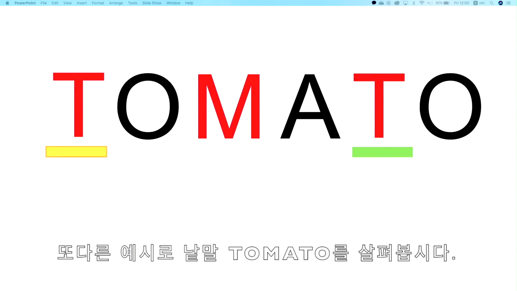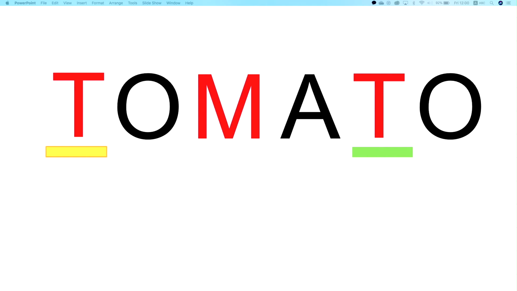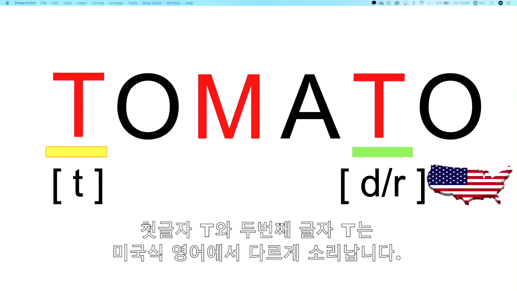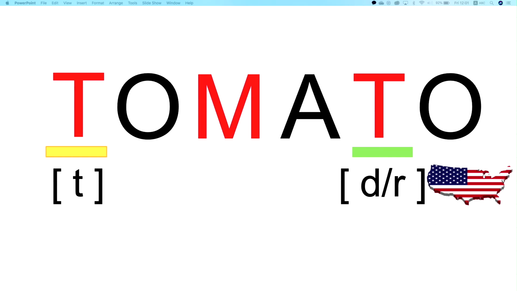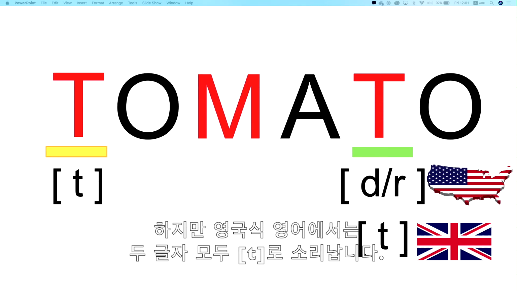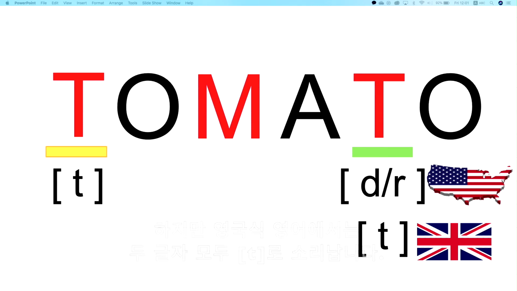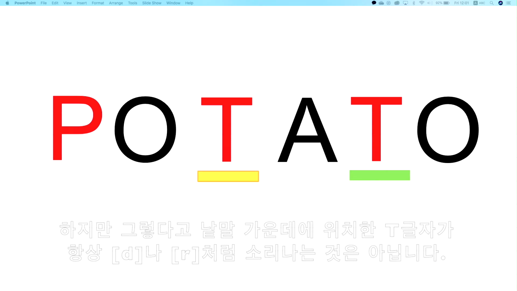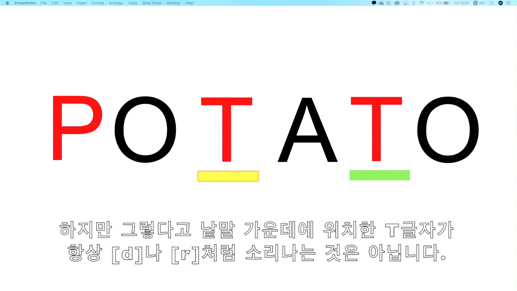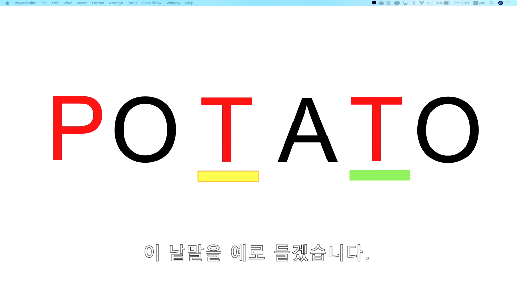Another example, tomato. The first T and the second T sound different for American English, like tomato. But for British English, it's same, tomato. But it's not always true that the T in the middle of the word sounds like D or R. Here's the example, potato.